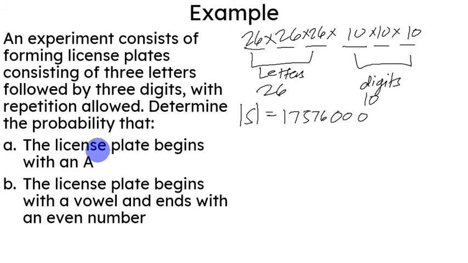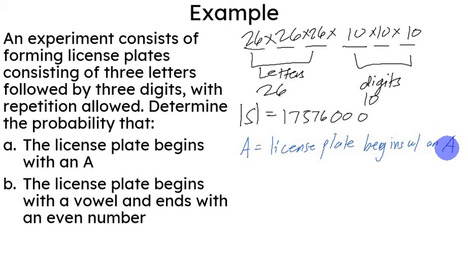Now, how many would be for event A, where the license plate begins with an A? If we're going to count this, that means this beginning slot should just be A. So that's just 1.